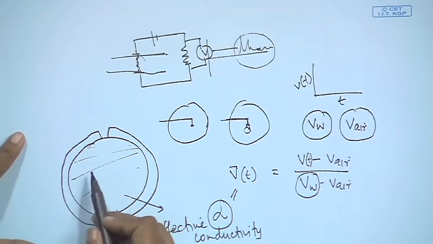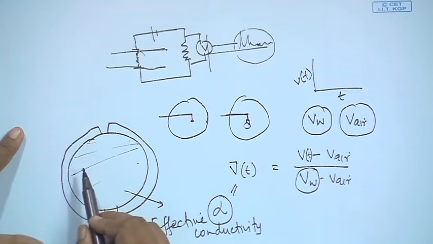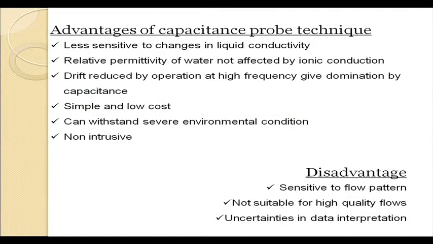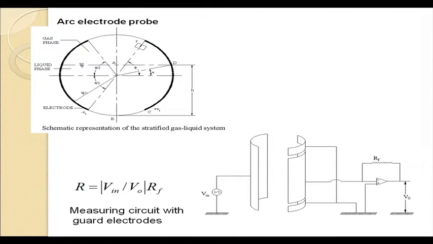So, this is something quite commonly used in macro systems, and this is the thing which I was telling: while we are using arc electrode probes, there are two electrodes which are flush mounted. Now, in this particular case, a few problems arise.